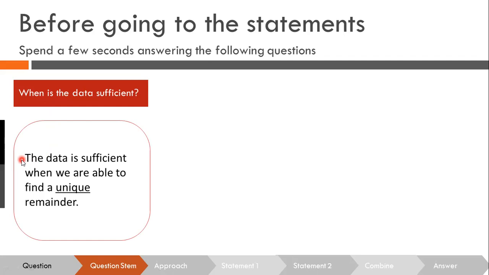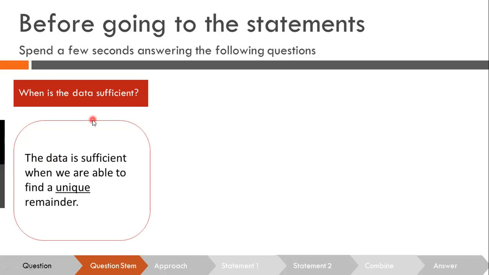So we are looking for that remainder. When a number x is divided by 6, we will get a remainder. So from here, what we should say is, the data is sufficient when we are able to find a unique remainder.